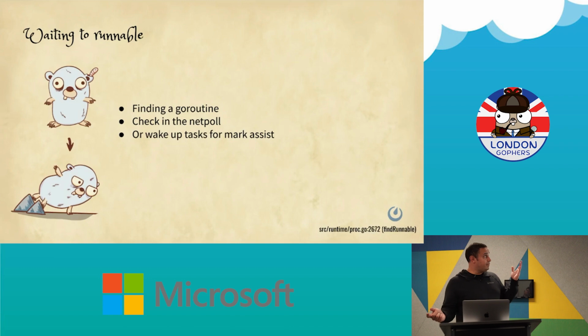So the scheduler can find that Goroutine in waiting state, change it to runnable, and queue it. It can also happen as part of the wake up of certain tasks for certain Goroutines, for mark assist, for helping the garbage collector.